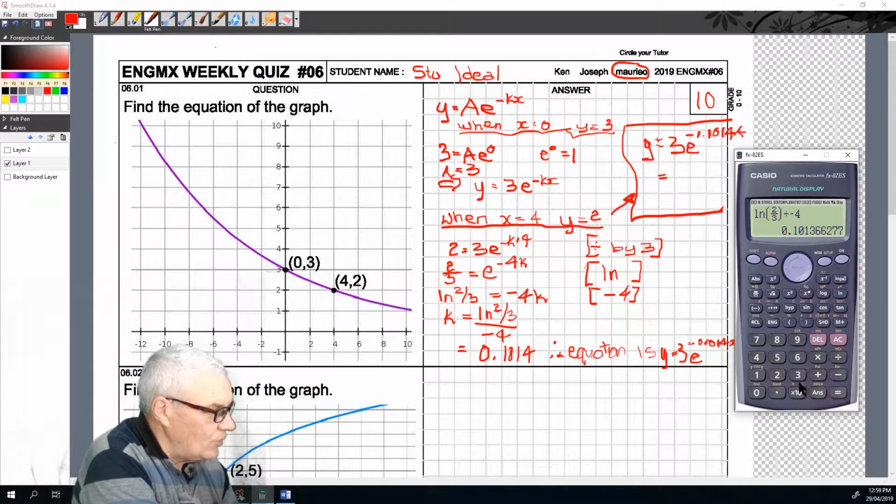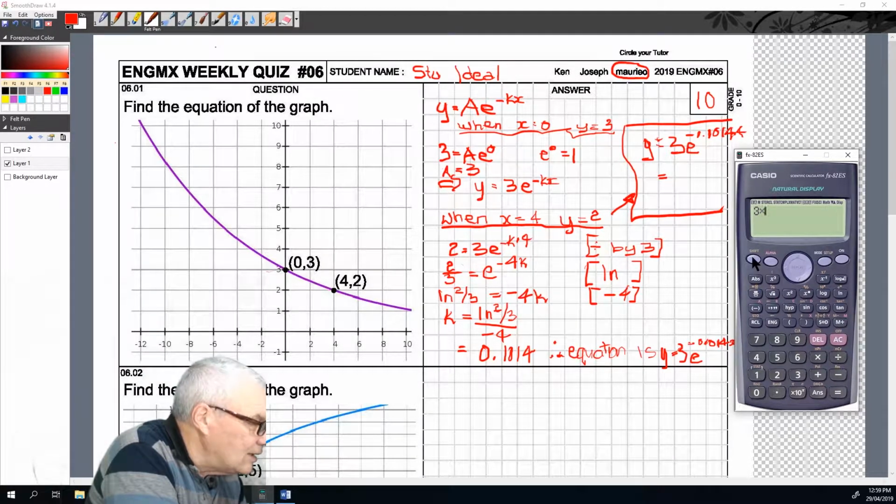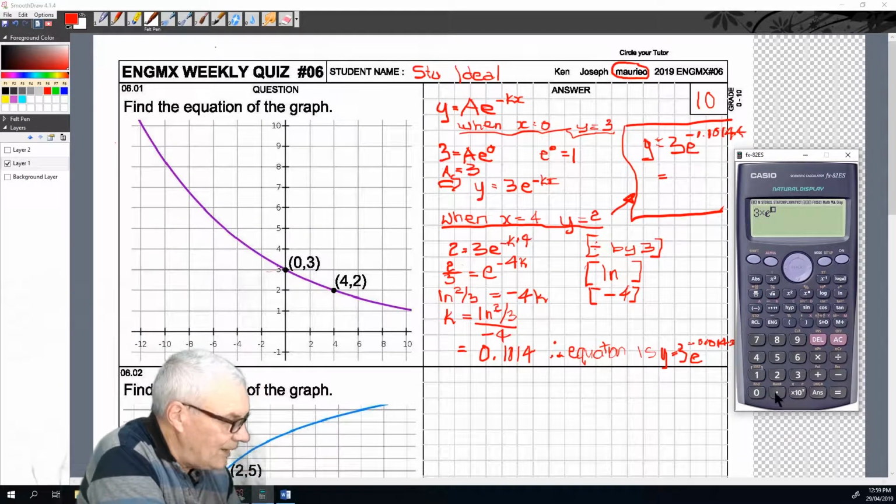So we've got 3 times e to the power 0.1014 times, oops, and I've got to go back here, put a 0 in there and go back there and make it negative, and then go right to the end there, times 4.